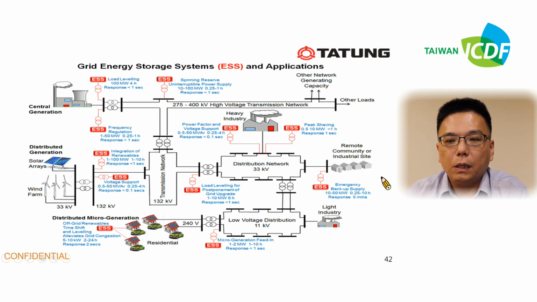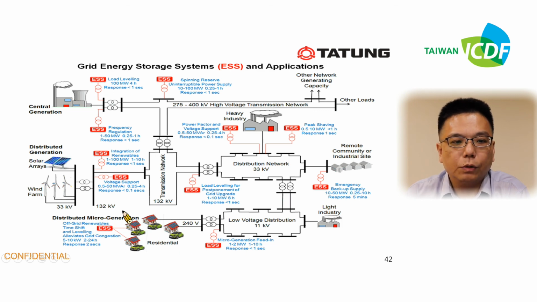So we need to integrate with the battery system to get more stable power quality for manufacturing. Another is integration with the low voltage distribution network, where you can do micro generation feed-in.